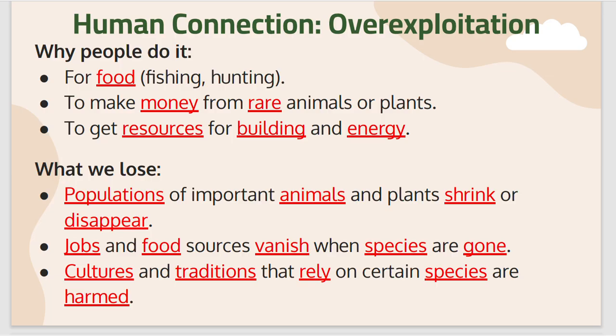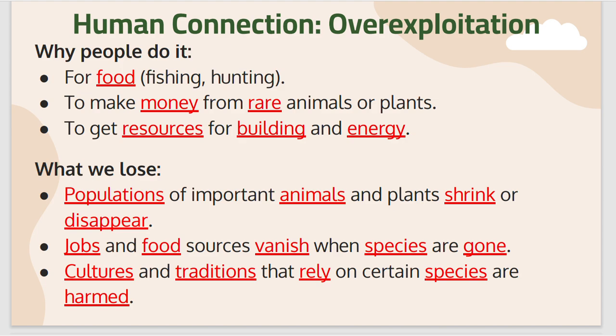Another is to make money from rare animals or plants, or to make money just from the resources, and to get those resources for building and for making energy. So to essentially get what we need for our economies and to make our resources and our products throughout our society. And what do we lose? So overexploitation can cause us to lose populations of important animals and plants.